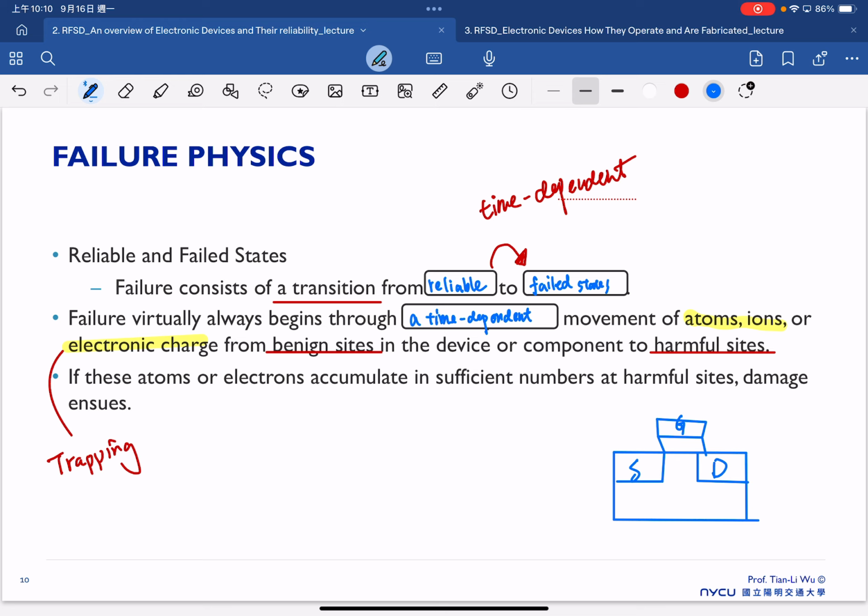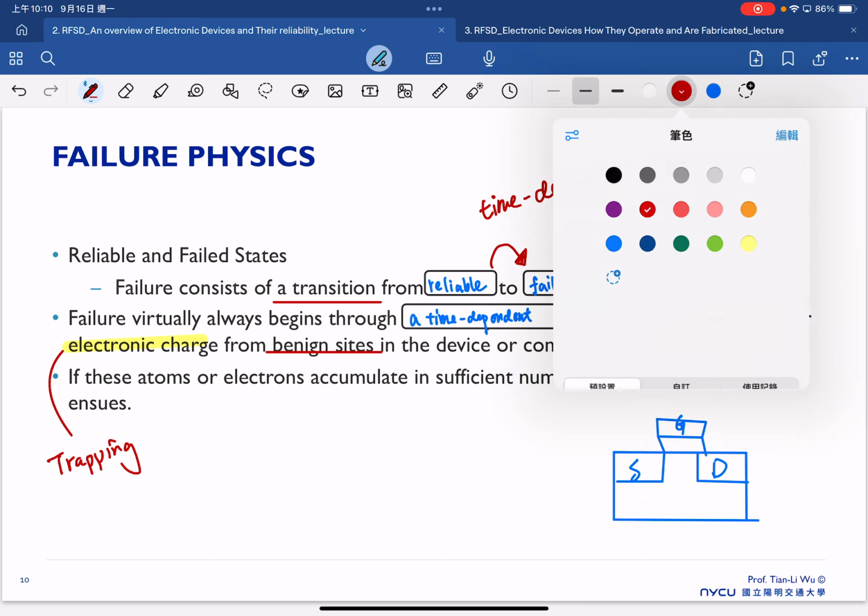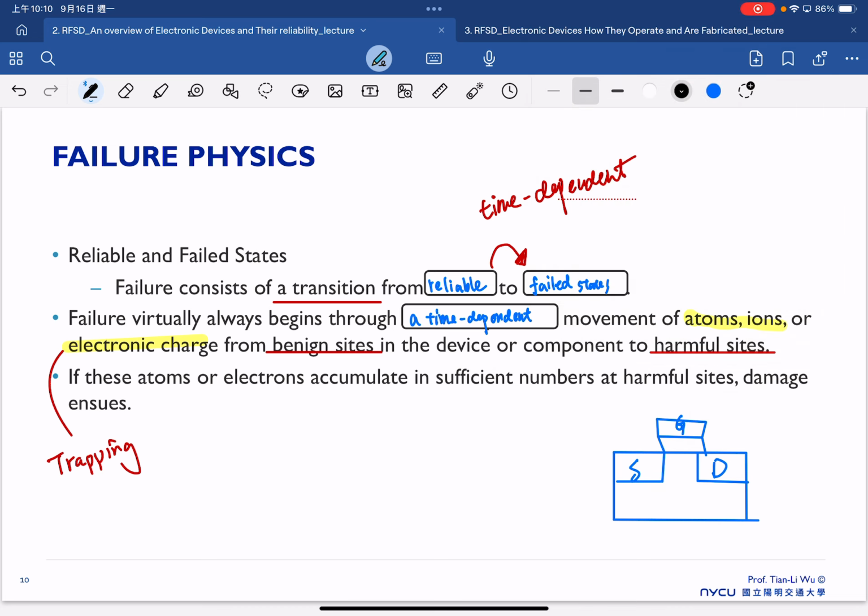And if we look at the band diagram from the gate side here, in this class we will not talk too much detail about the band diagram. This is knowledge you should learn from semiconductor physics.